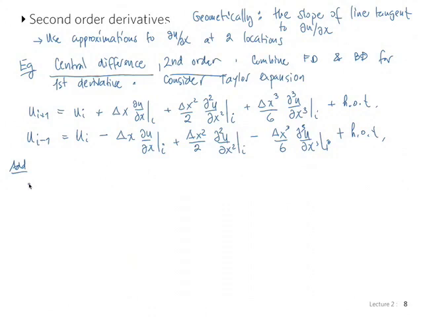Okay, so now add these together. And of course all of the odd terms cancel out. And then we can isolate the second derivative.